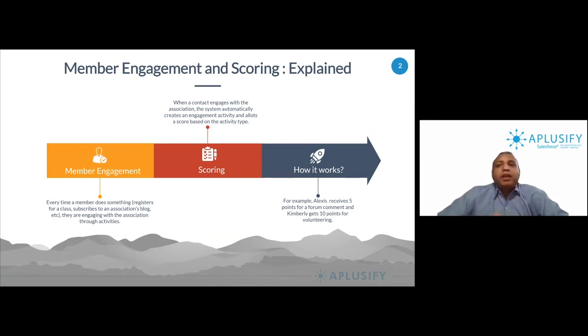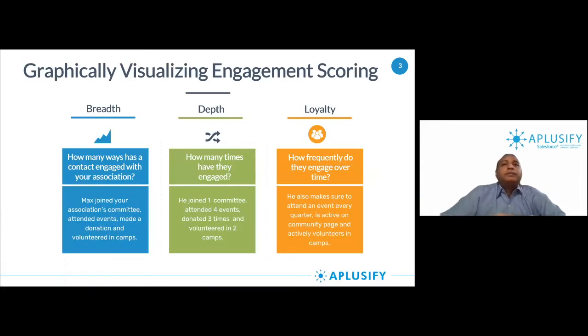It can be something you have posted on the forum and he comments on it or likes it, or he volunteers for an event or a charity event. There can be numerous activities, which we'll talk about in the later slides, that can help your members engage, and you can score them and see what level of engagement they have with you. So let's move forward.